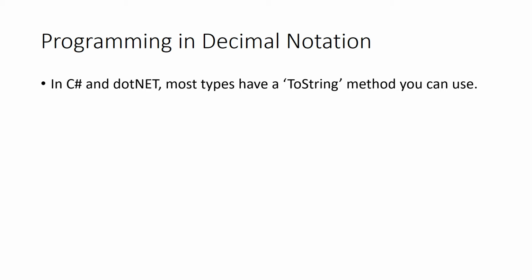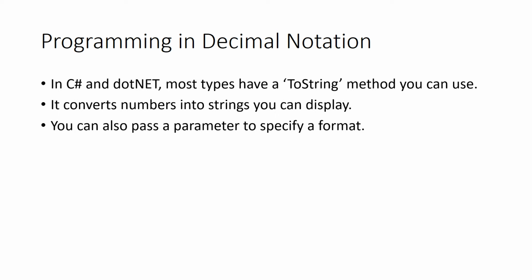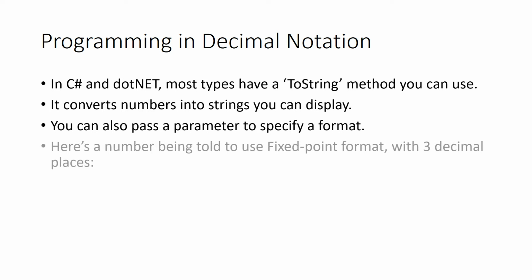So when you're programming in decimal notation, in C# and other .NET languages, most types that you have available to you have a ToString method, which you can use to convert it into a string for outputting to screen, for example. You can also pass in a parameter though to specify which format and culture to use. So for example, here is a number being told to convert to a string using a fixed point format, hence the letter F, and 3 decimal places.